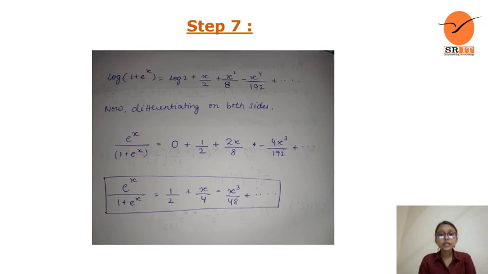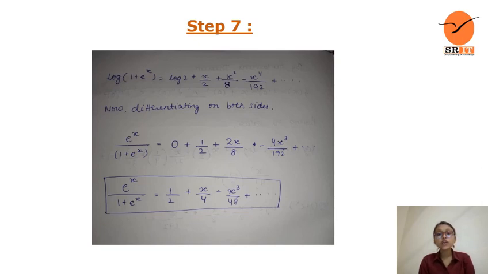Now, in step 7, we differentiate both sides to deduce the final value. That is, differentiation of log 1 plus e raised to the power x is e raised to the power x upon 1 plus e raised to the power x. This is solved by using the chain rule. And differentiation of log 2, since it is a constant, is 0. Differentiation of x by 2 is 1 by 2.